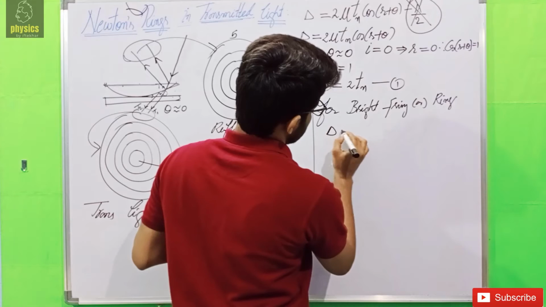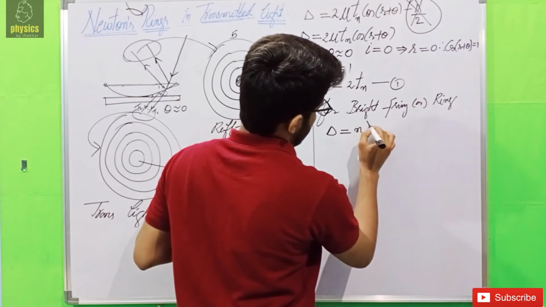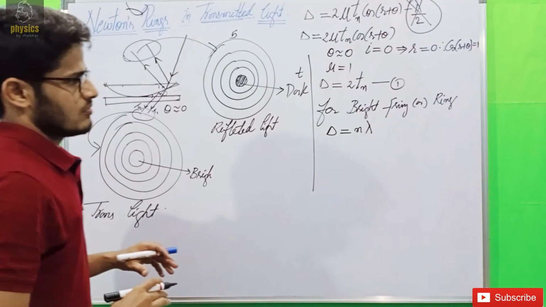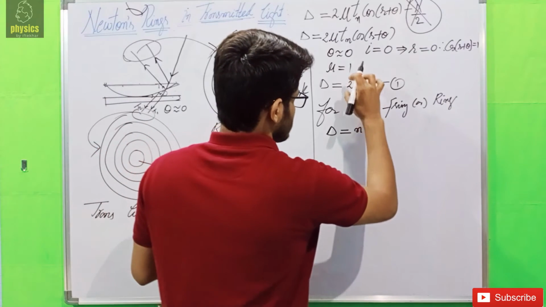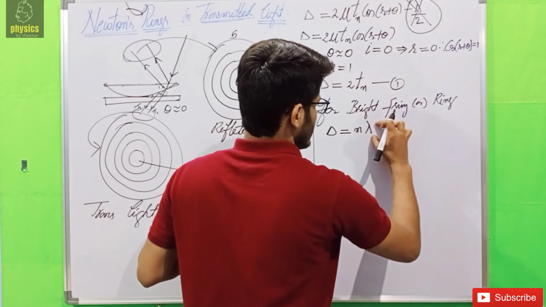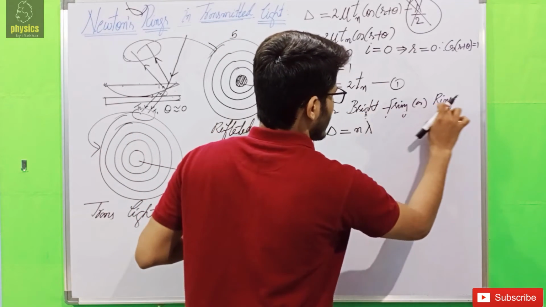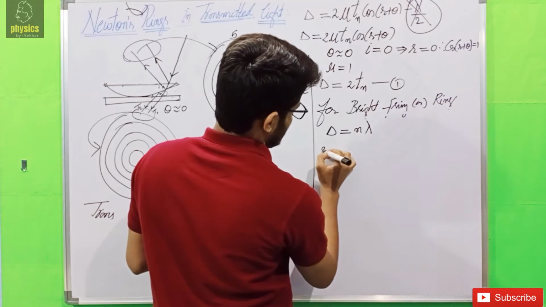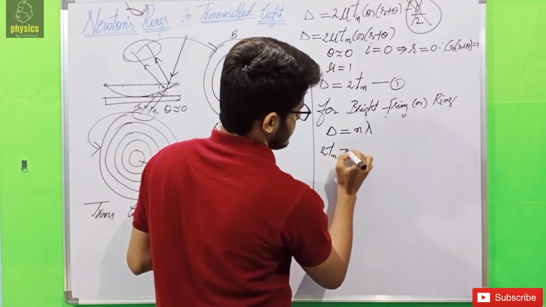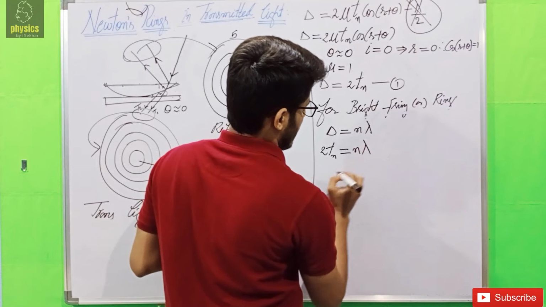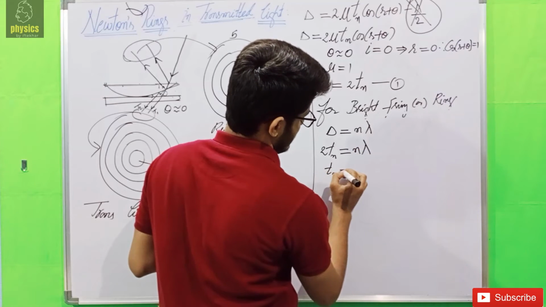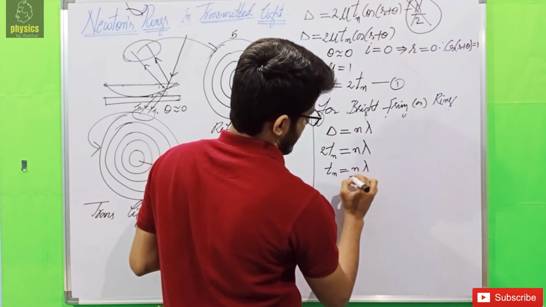The path difference should be n lambda. So if this path difference is equal to this, you will get a bright ring. So it will be 2 t sub n is equal to n lambda. So t sub n is equal to n lambda by 2.